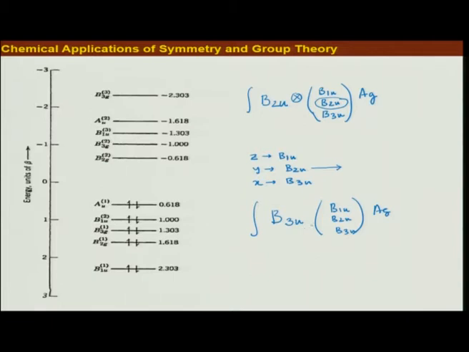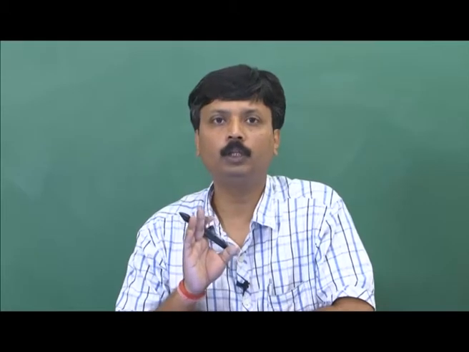So obviously you can see that the B3U and B3U direct product is going to survive because that is going to give you the totally symmetric irreducible representation. And if you check the character table, you will see that the direct product between B3U and B1U or B3U and B2U will not give you AG.